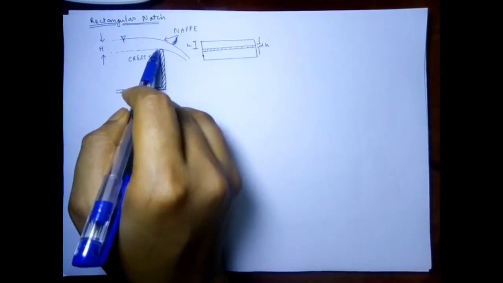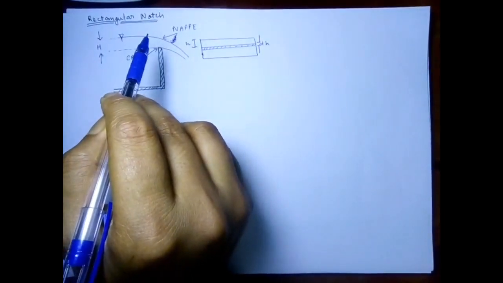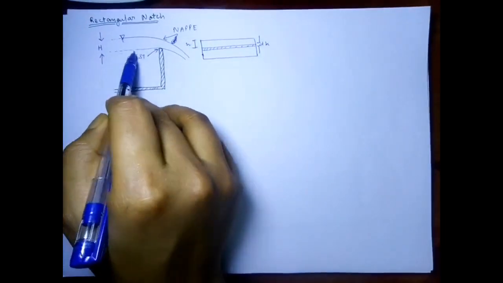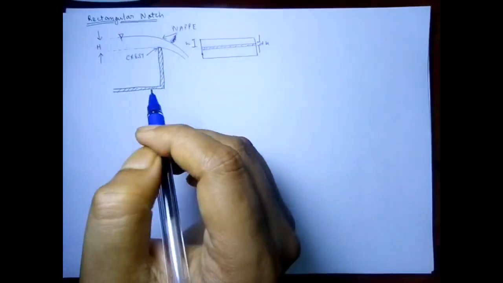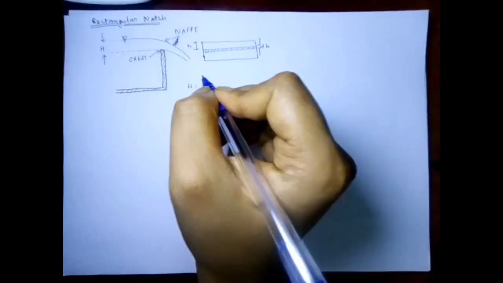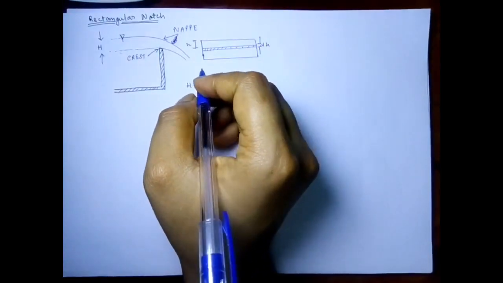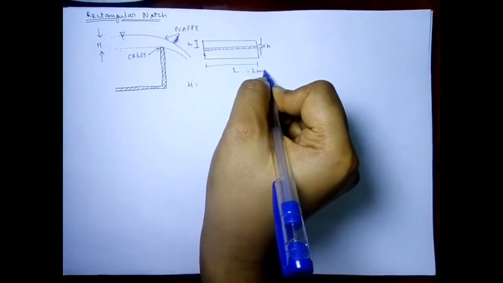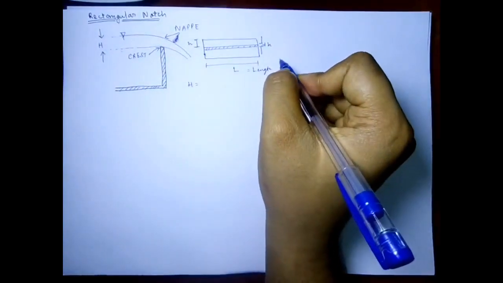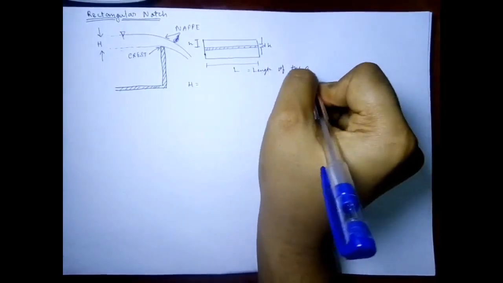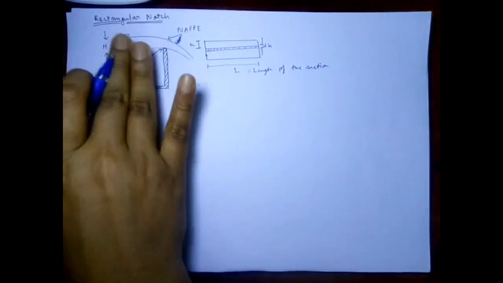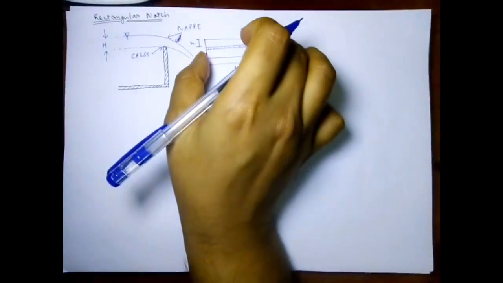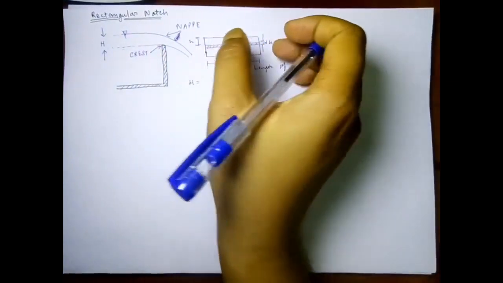Also note that this is a sharp crested rectangular notch, and the height, the distance between the crest and the nappe surface, is taken to be H. H is the height between crest and nappe, and L is the length of the section. Suppose this is the side view, and if I am looking from this side, that is the front view, then I will get to know that this is the length of the section.